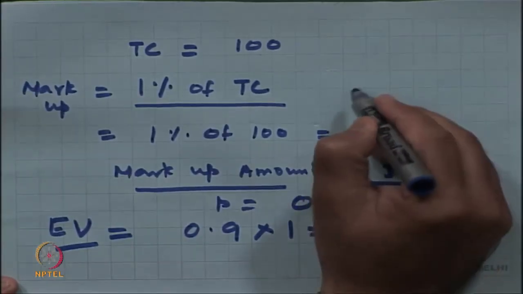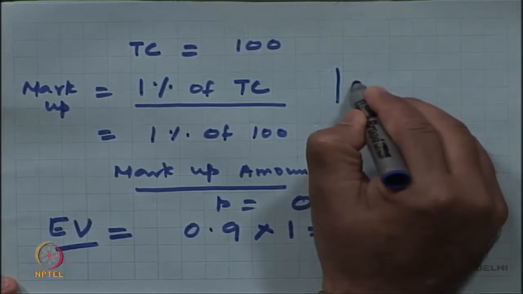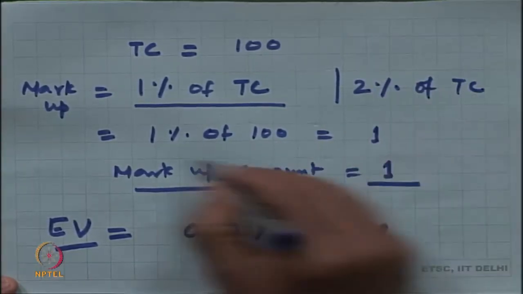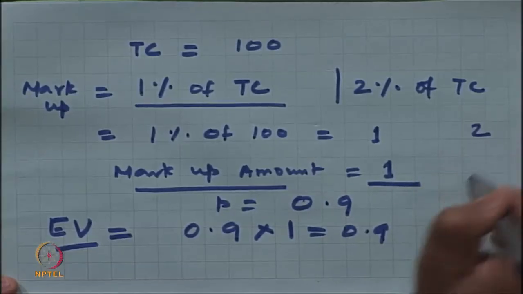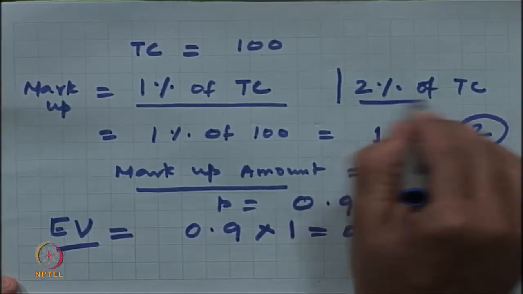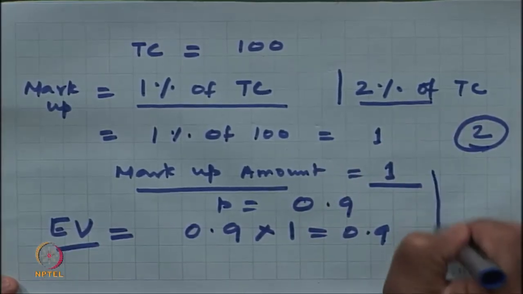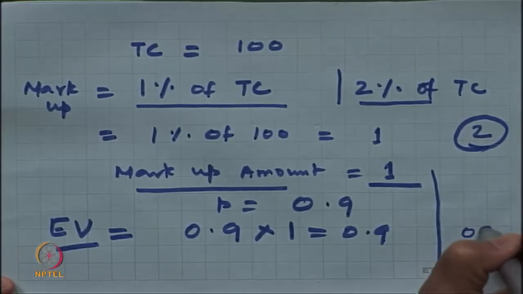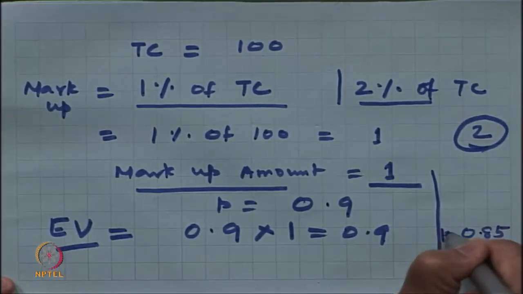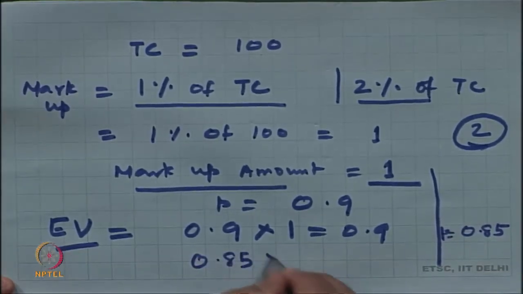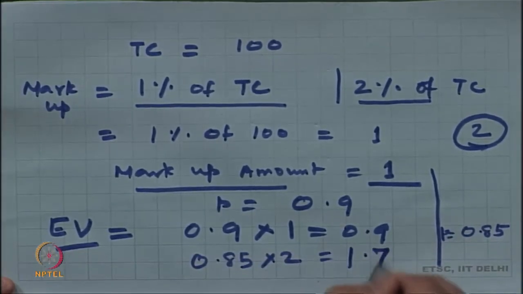Now, what I do? I let us say increase the markup from 1% to 2%. So, let us say this is 2% of total cost. So, as before, now this markup amount becomes 2 rupees. Now, let us say when you increase this markup percentage, your probability has slightly dropped. So, it could be let us say 0.85, suppose. So, your markup amount will become now 0.85 into 2, which is 1.7.